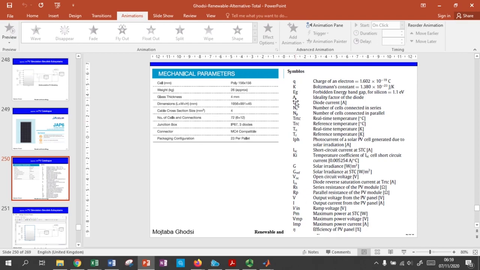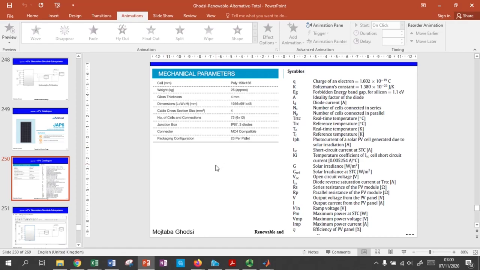All the specifications are here. For example, I am looking for RS, the series resistance of the PV. RP is here. Then you should find out the value of RS.